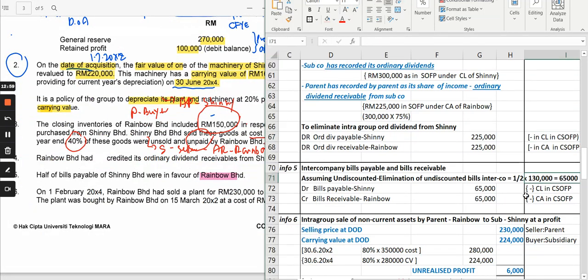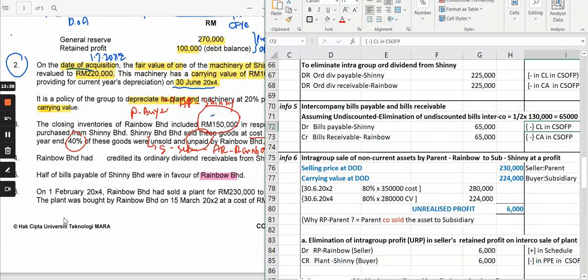And that is 65,000, assuming those are undiscounted bills. So under bills payable of Shini, you will remove 65,000. That will also be adjusted under your current liabilities later. So you need to remove from the total bill this intra-group transaction under the current liability. The same thing must be done under the current asset, where the total bill will also exclude this undiscounted bill of 65. So that will be done later.